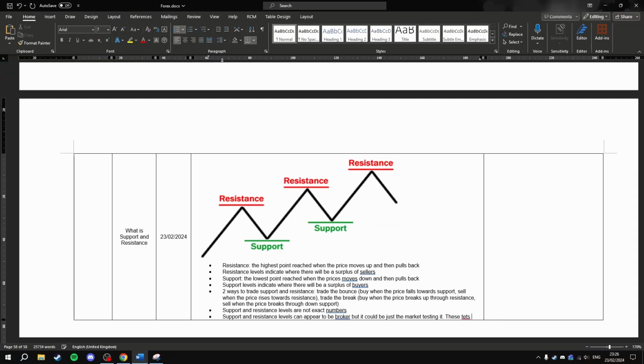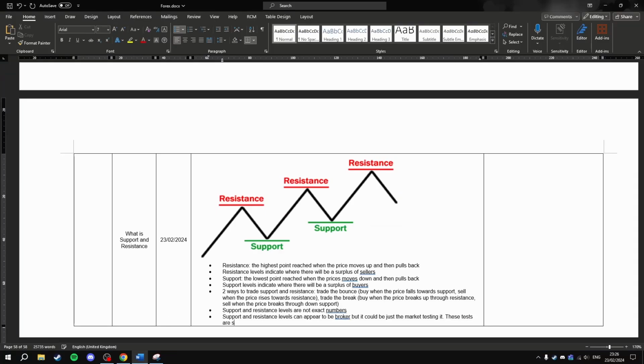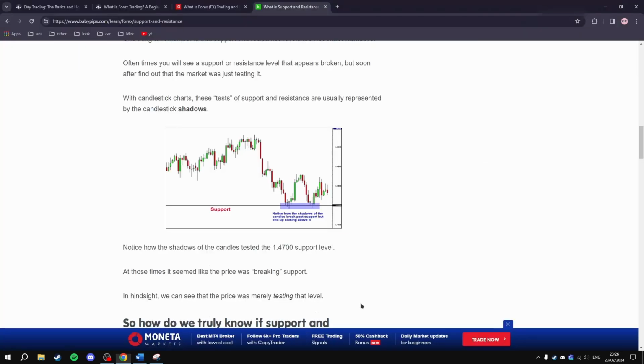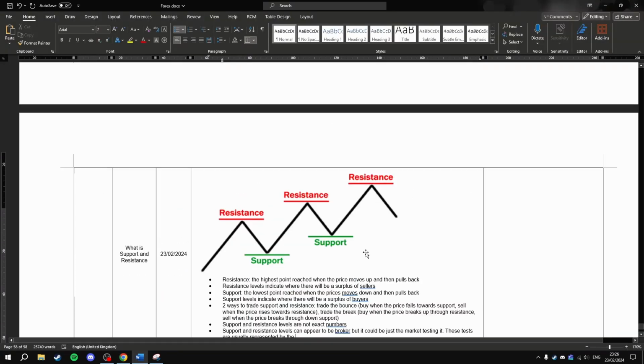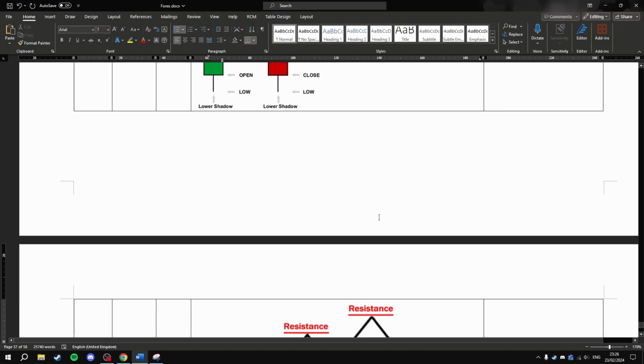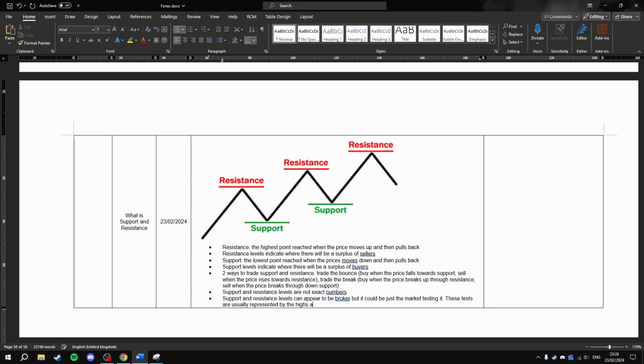These tests are usually represented by the highs and lows of the candlestick.